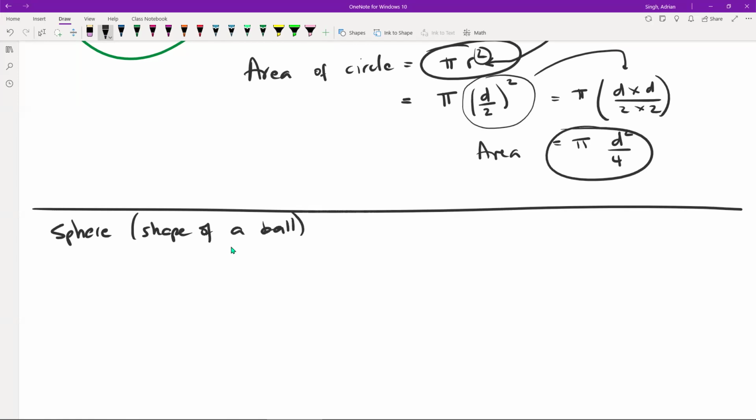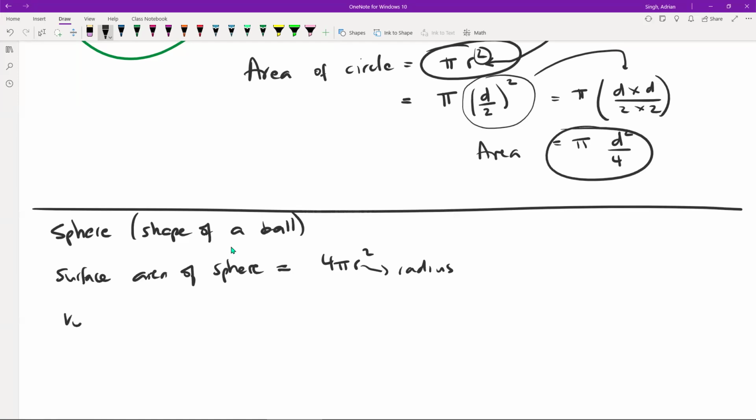We can calculate the surface area of a sphere as follows: the surface area is equal to 4 times pi r squared, and again, r here is the radius. That's the total area on the outside of that sphere.